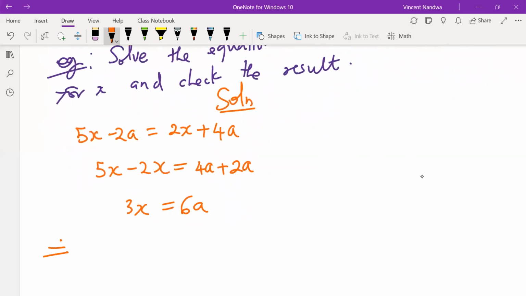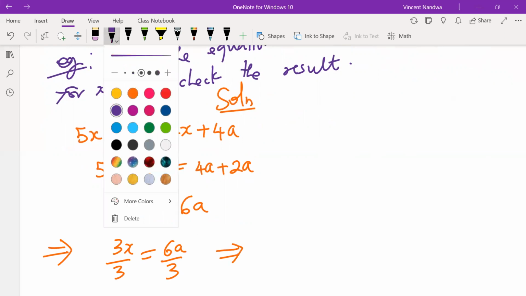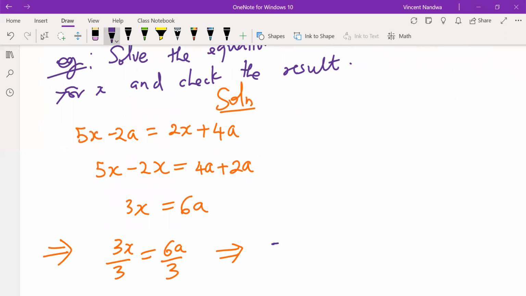So this means that to get x, we divide through by 3, which clearly shows that x will be given by 2a.